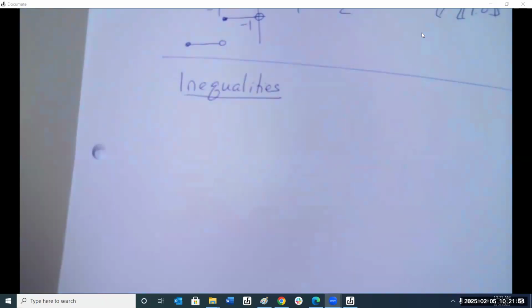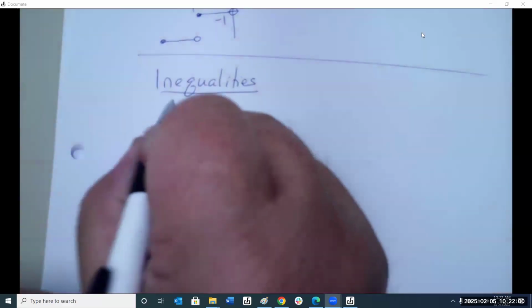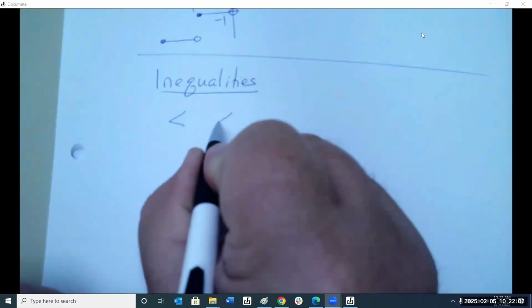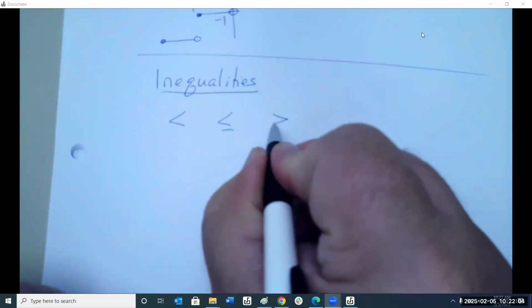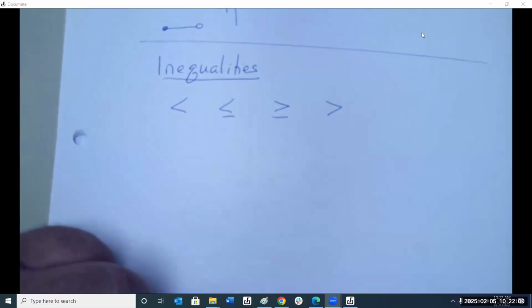Inequalities. What are inequalities? Inequalities are when we have those pointy arrows. Remember, you always read left to right.